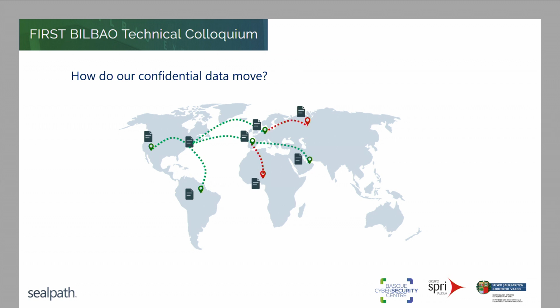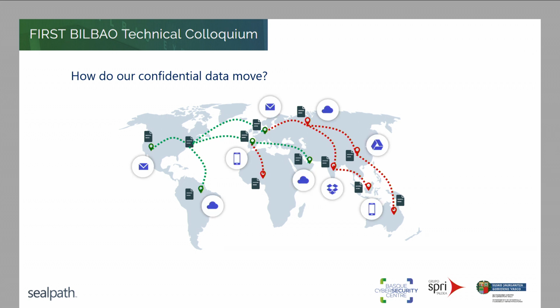They can be saving the information, copying it, sending it to other parties, etc. And this problem is even huge when you collaborate with mobile devices, with cloud services, etc., because information can be everywhere. It's very difficult for IT departments to keep control of this information once it's out of the perimeter of the network.